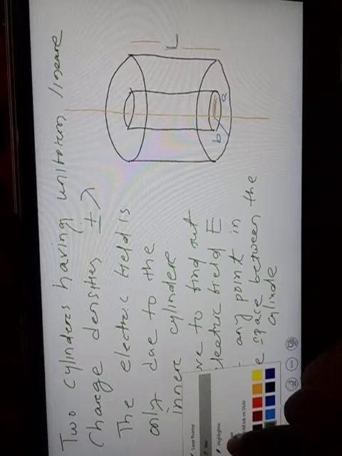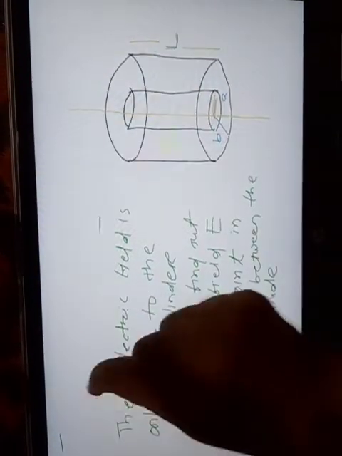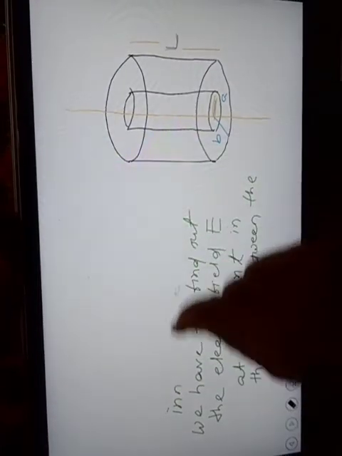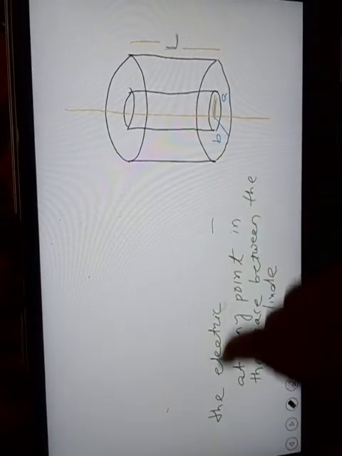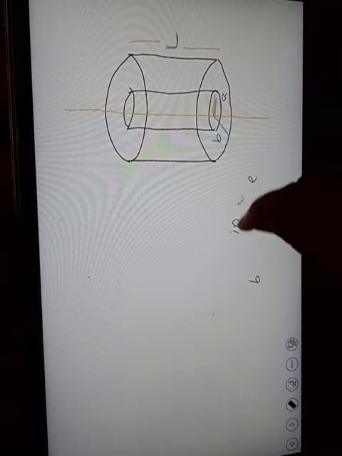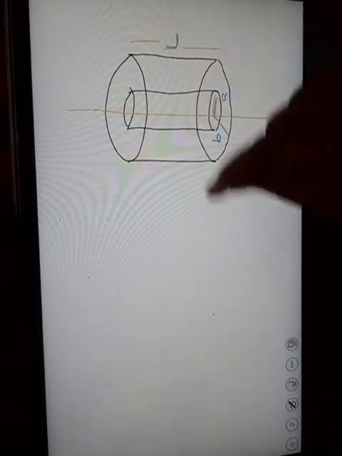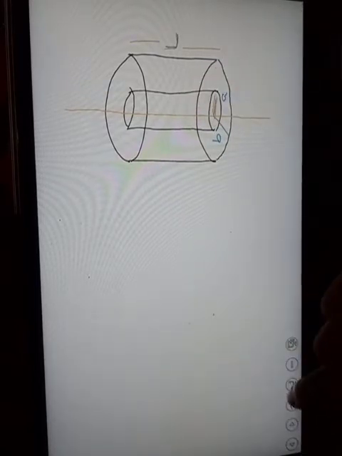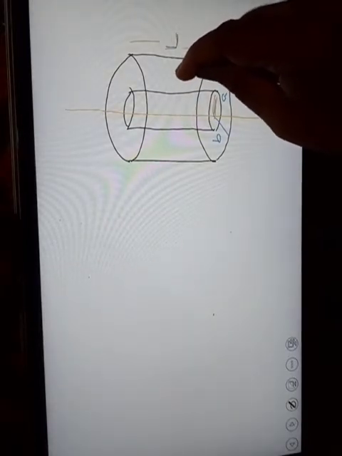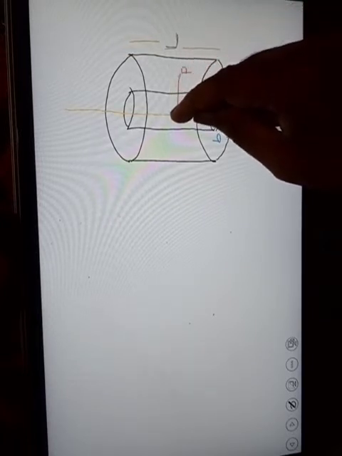So let us consider any point P in the space between the two cylinders. Let P be any point in the space between the cylinders, at distance r from the axis.